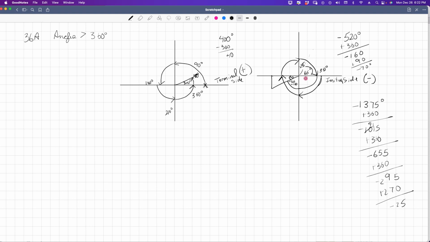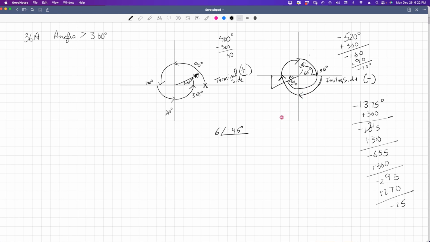So keep that in mind whenever you're evaluating these degrees, especially when you're looking at your polar coordinates. If you have a 6 with a negative 45 degree, then it's going to be measured this direction.